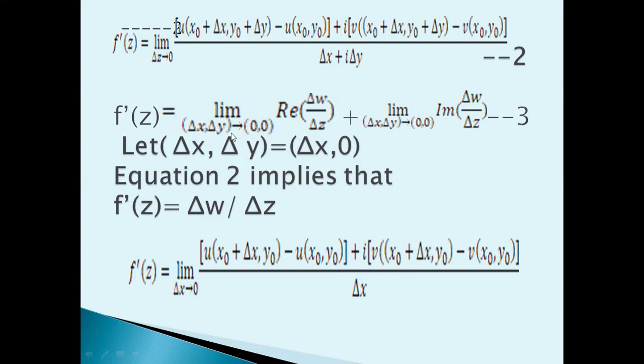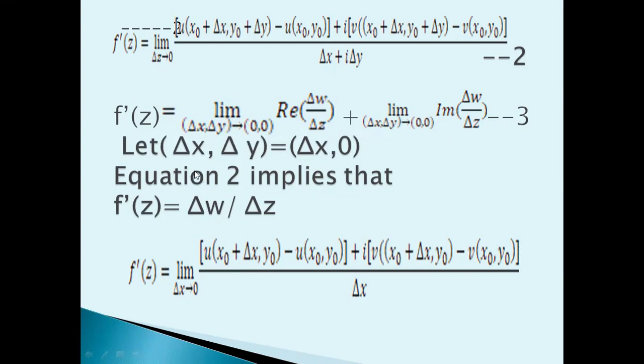Next, f dash of z is taken as the limit, with del x and del y tending to 0 comma 0, of the real part of del w divided by del z, plus the limit as del x comma del y tends to 0 comma 0 of the imaginary part of del w.